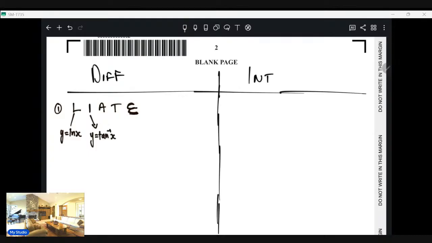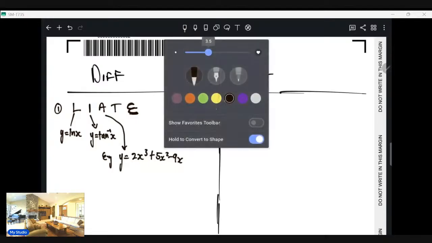Then you should know how to differentiate algebraic functions, for example y equal to x squared plus 5, or 2x to the 3 plus 5x squared minus 9x. This is a polynomial, an algebraic term.